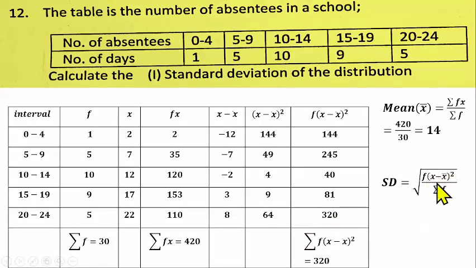Then we find the summation of f into x minus x bar squared. Sum this together and you return it into the formula. The standard deviation will be the square root of that sum over summation f, which is 30. If you simplify that, it gives us 5.25 as the standard deviation.